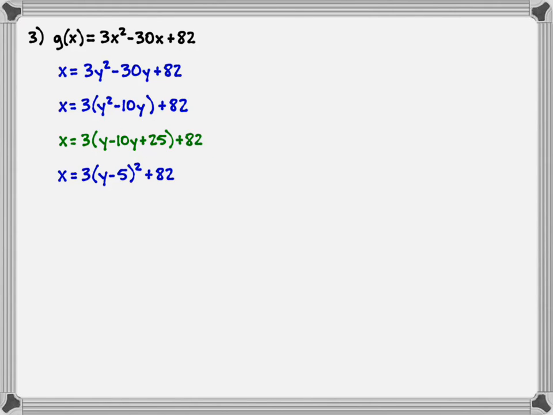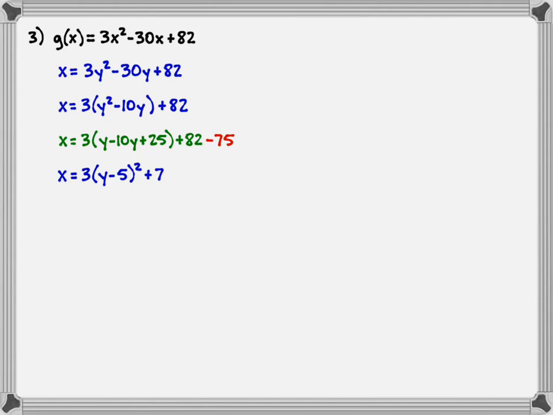So if we added 75 to this equation, if we subtract 75, that will balance it out. So I added 25 inside the parentheses, which means I added 75 after I distribute. So to cancel out that adding of 75 that wasn't up there to start with, I'm going to subtract 75 to zero that out. Well, 82 minus 75 is in fact 7.